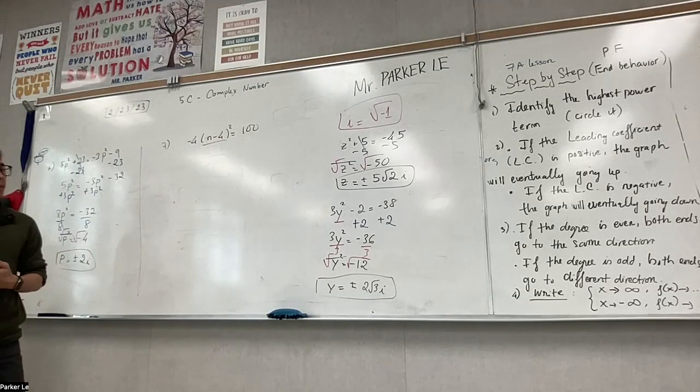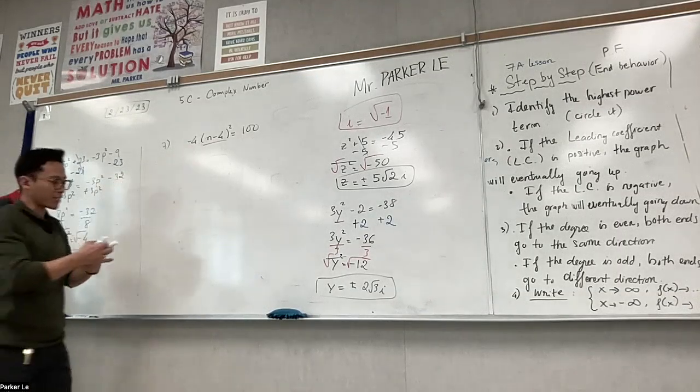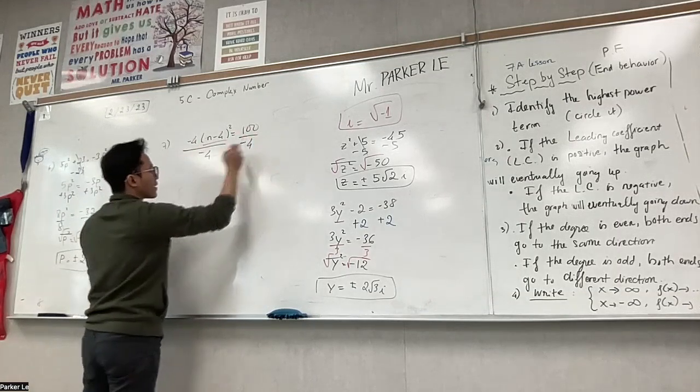How can you get rid of negative 4? Add? Divide by negative 4, because this is multiplication. This is multiplication, so you need to divide it. Divide by negative 4.